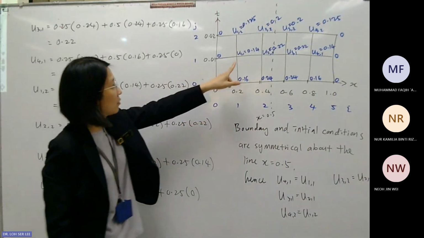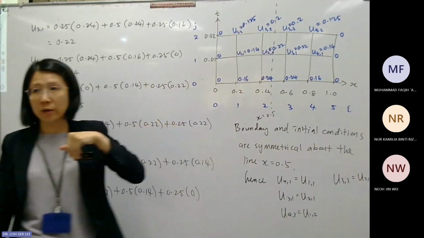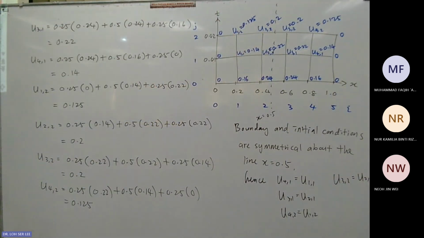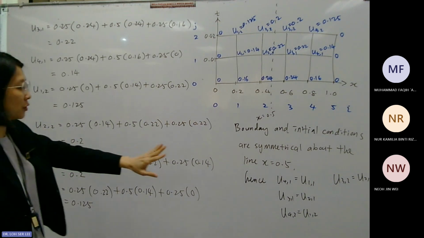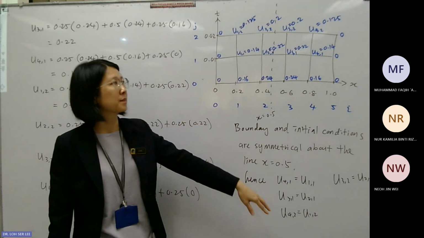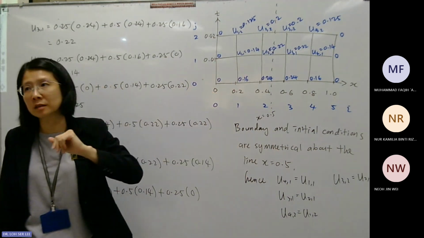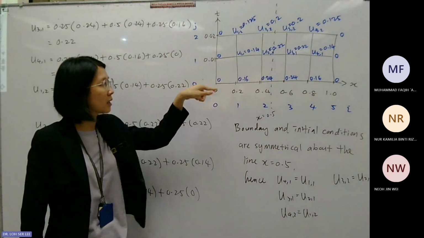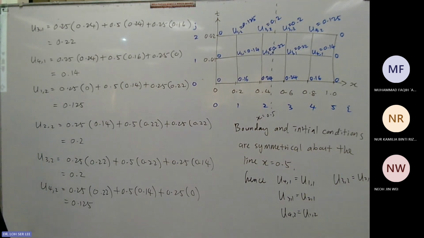That means you just need to find for 4 internal points. Then you just substitute the values directly into the grid. So the boundary and initial conditions must be symmetrical in order for you to use this. If it is not symmetrical, that means you have to find all the internal points one by one.